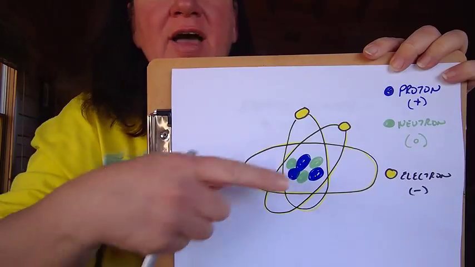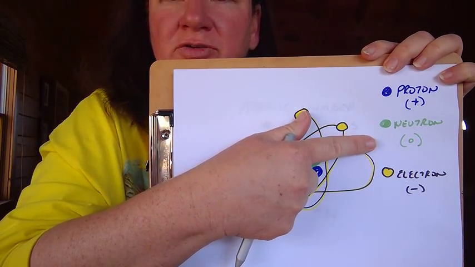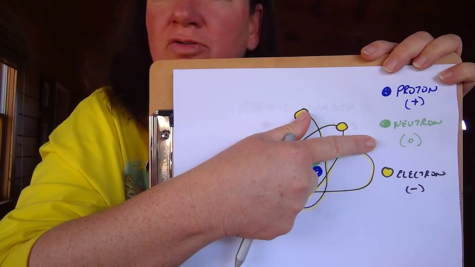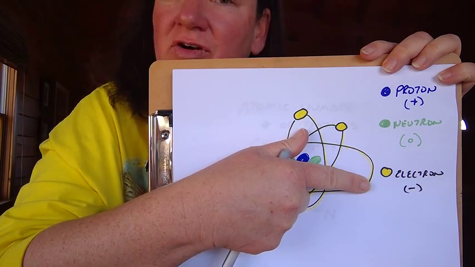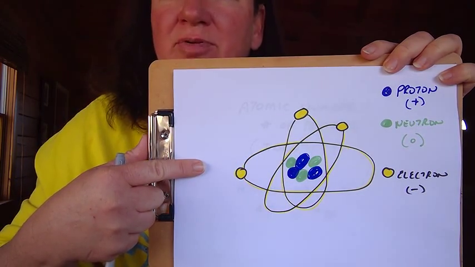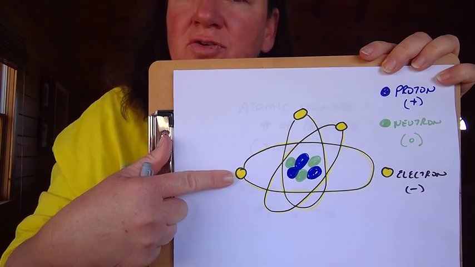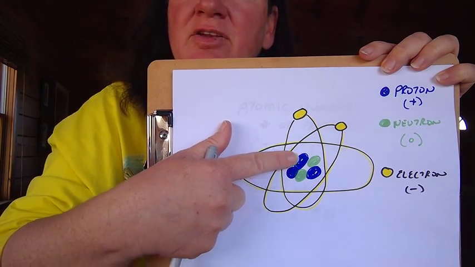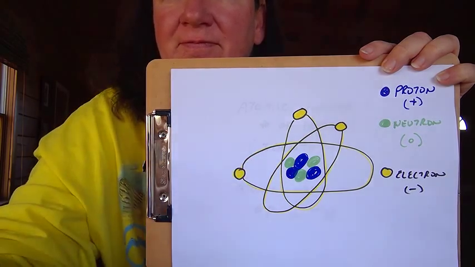Basically, we have protons, which have a positive charge, neutrons with a zero or no charge, and electrons with a negative charge. Now this is a Bohr diagram, which sort of graphically represents these three. You've got electrons that circle the nucleus. The nucleus has your protons and your neutrons.